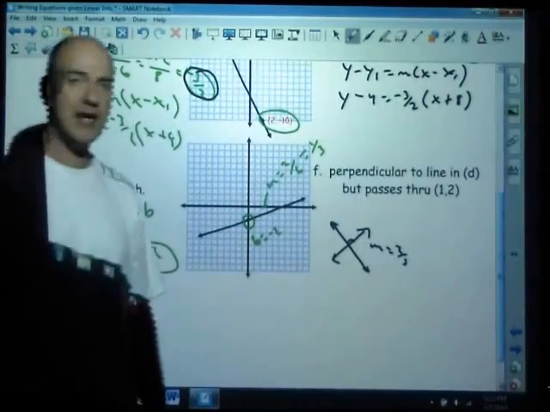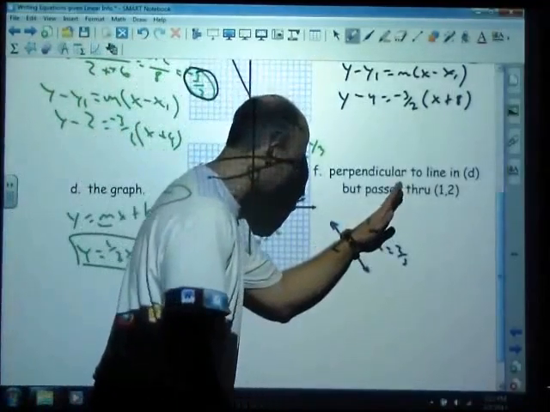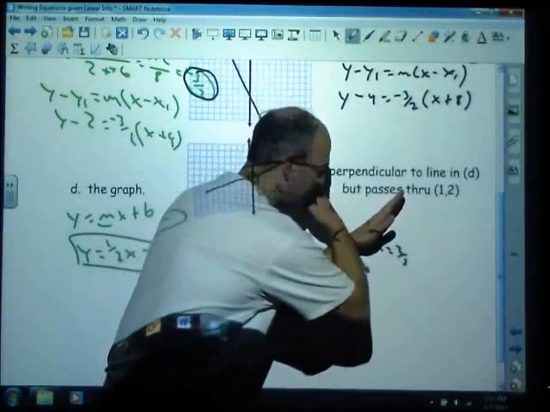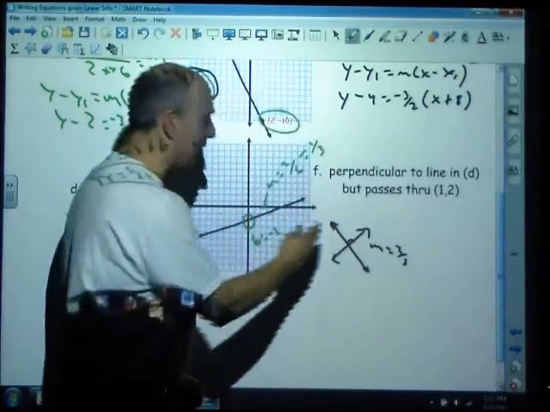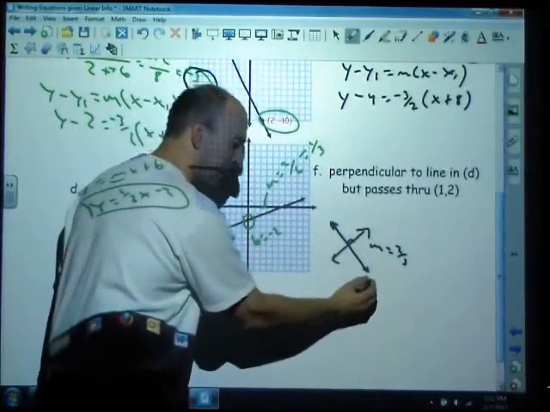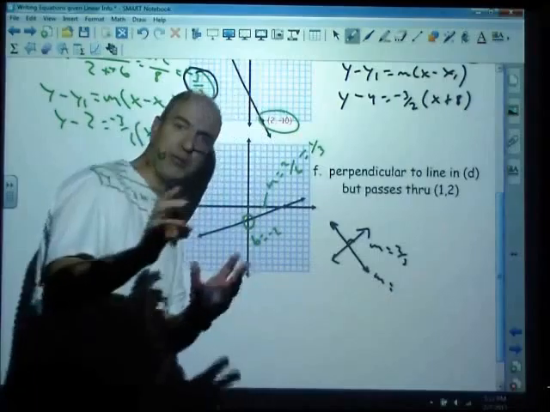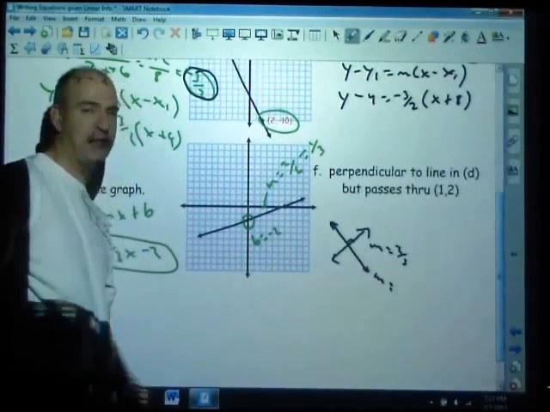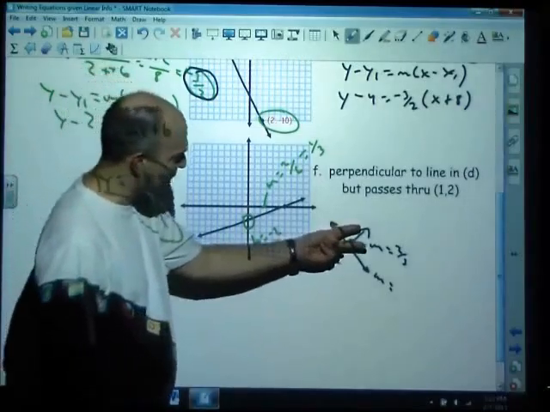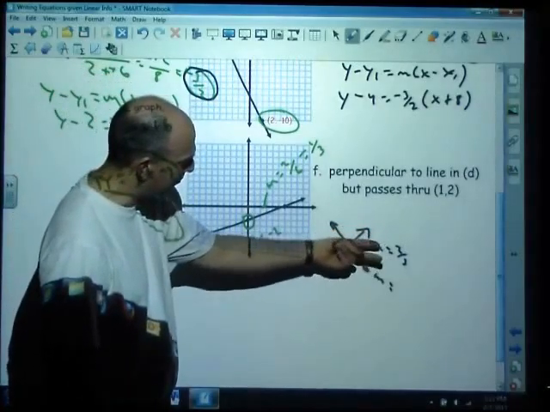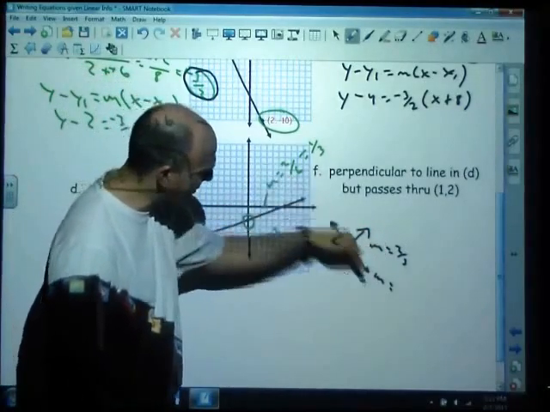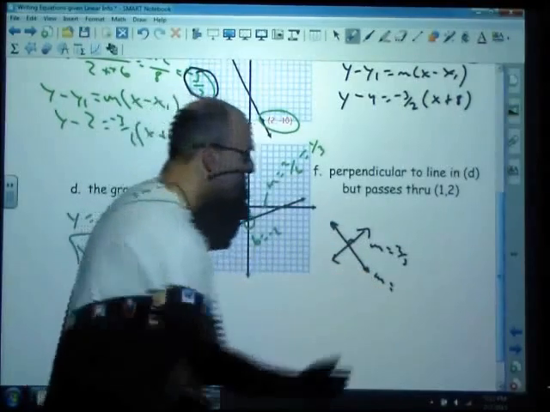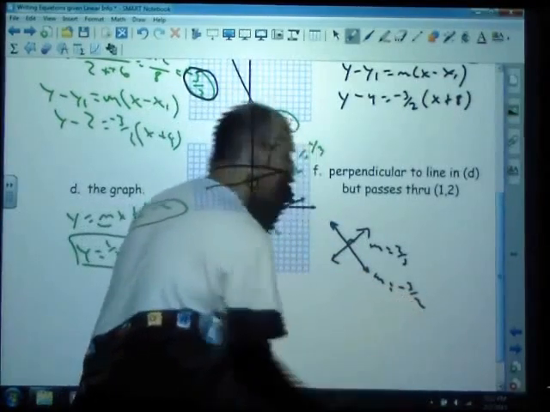Okay, now the only way that's going to work with slopes is, first of all, one's positive and the other is negative, but what would be the other one? And what we find out is the slopes on perpendicular lines actually are negative reciprocal fractions. So if this one has a slope of 2/3, we want to flip that and change the sign because it's got to be the opposite direction. So it's going to be negative 3/2.